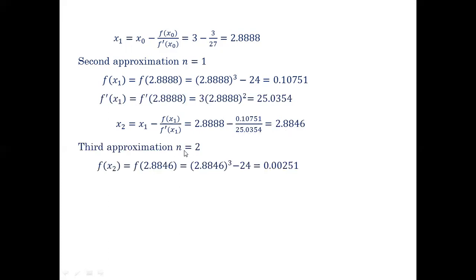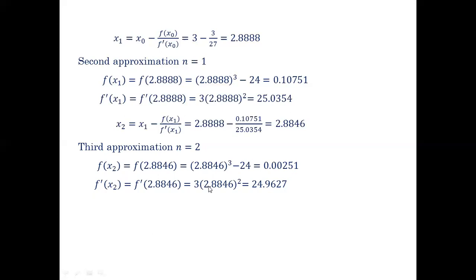The third approximation, n equals 2, then you find f of x2. So f of x2 means, what is that? F of 2.8846 equal to x cube minus 24 is 2.8846 whole cube minus 24 equals 0.00251. Then you find f dash of x2 equal to f dash of 2.8846, which is equal to 3 into x square formula.